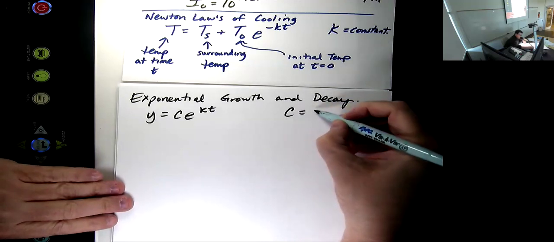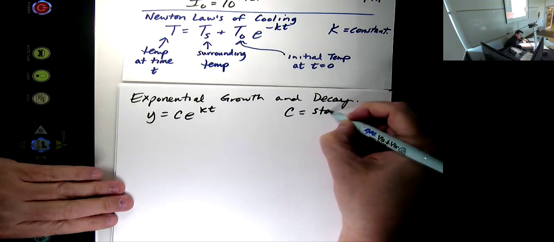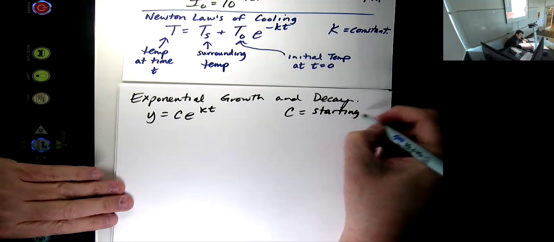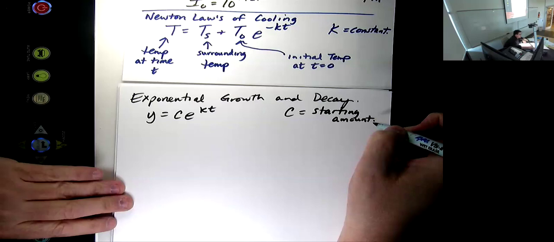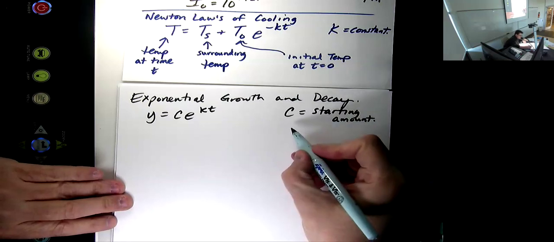C is starting amount. This looks exactly like the continuously compounded formula with different letters. I think they use different letters just to make sure people don't mix it up.